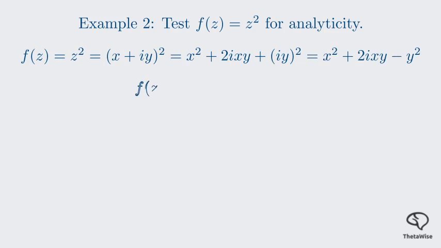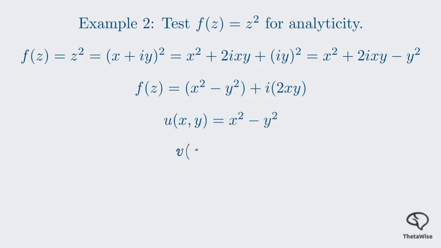Remember, z is x plus i y. Squaring that gives us x squared plus 2i xy plus i squared y squared. Since i squared is negative 1, this simplifies to x squared minus y squared plus i times 2xy. So we have u equals x squared minus y squared and v equals 2xy.